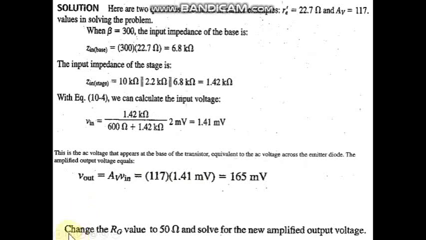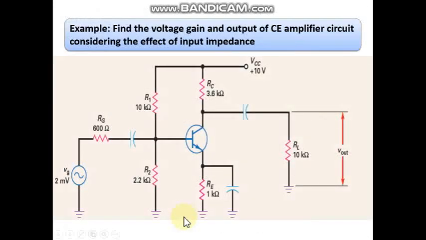Now you need to change the value of Rg to 50 ohm and solve for the new amplified output. Here I would like to ask you, what do you think happens if we change the value of Rg from 600 ohm to 50 ohm?